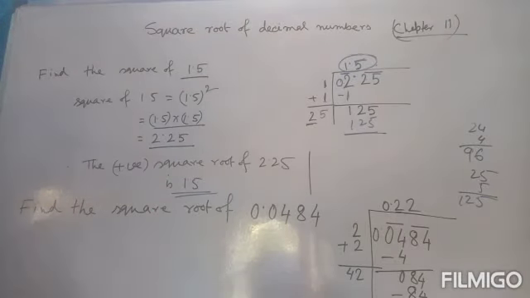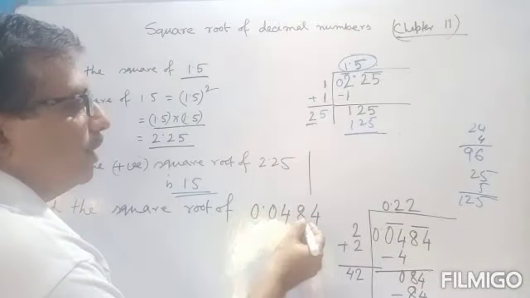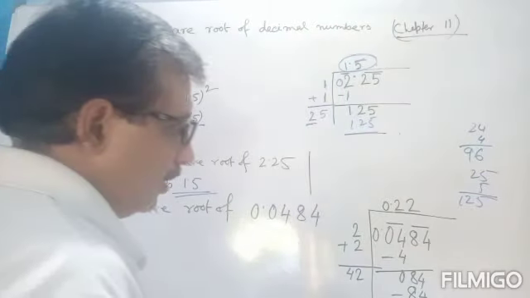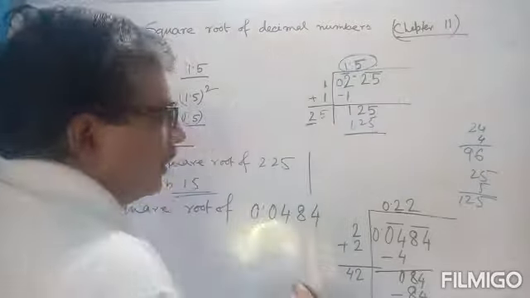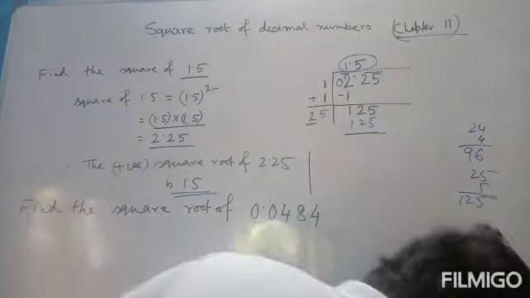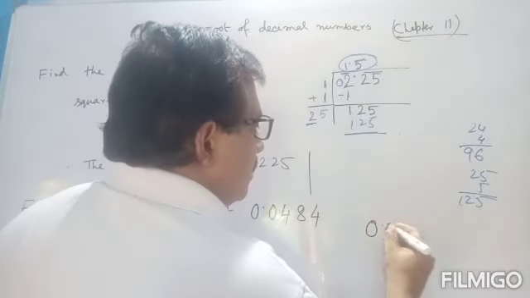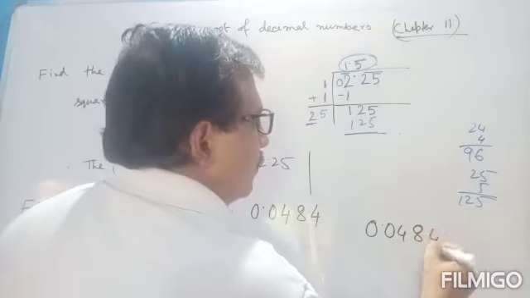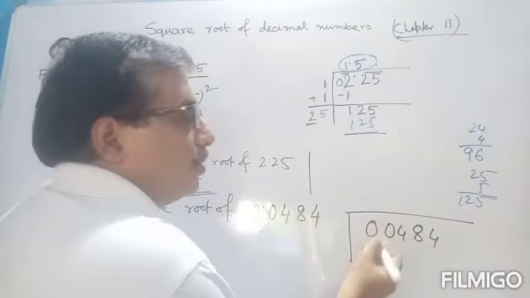Next, another question. Find the square root of the decimal number 0.0484. Clear? So we start from first. Write down 0484 and take the sign. Now this is 0.